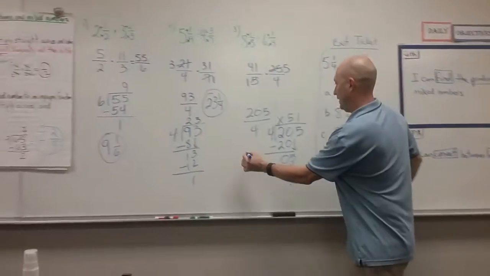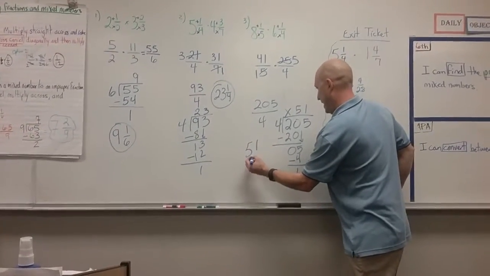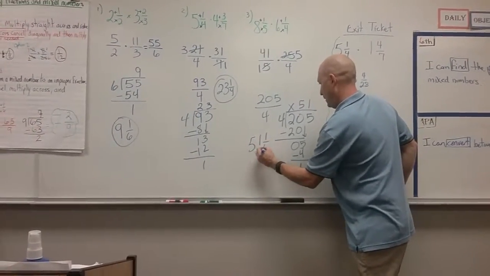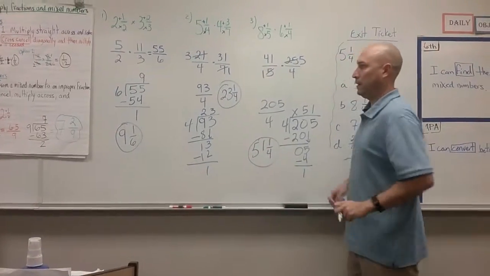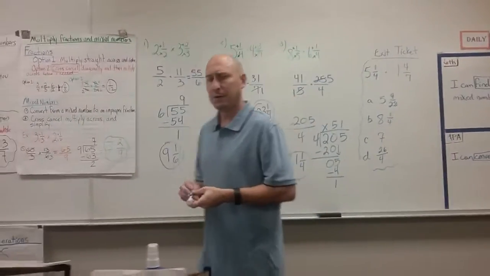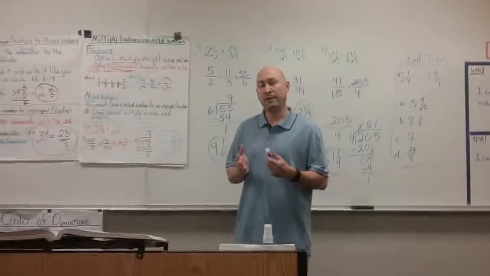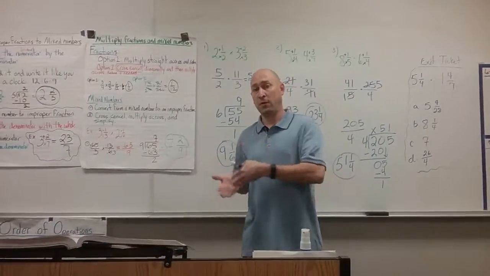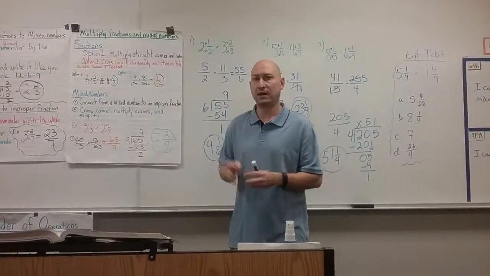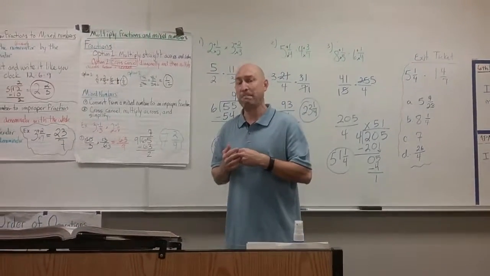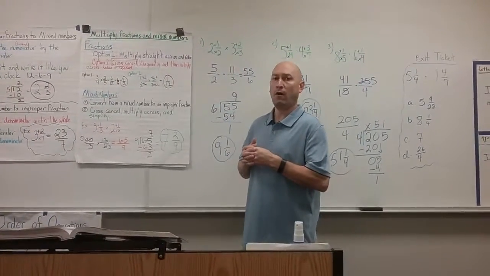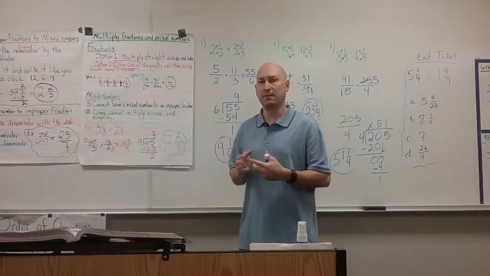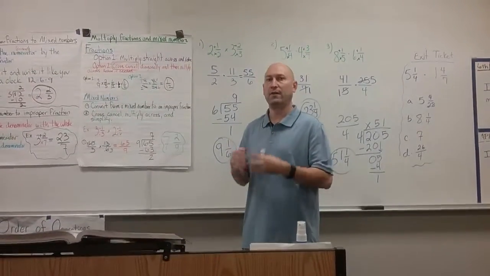So my final answer is 51 and 1/4. To recap, the only step that we have added from multiplying fractions with whole numbers or fractions with fractions is the very first step where we must take all mixed numbers and convert them into improper fractions first.